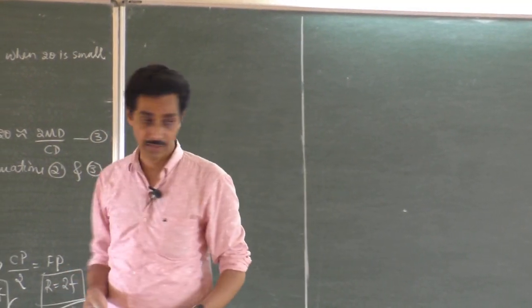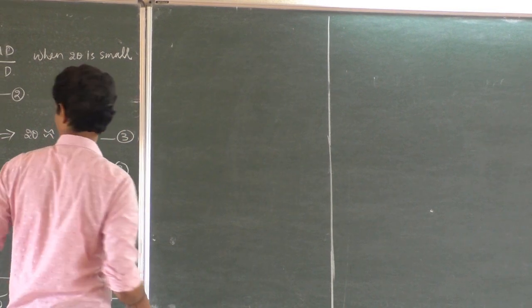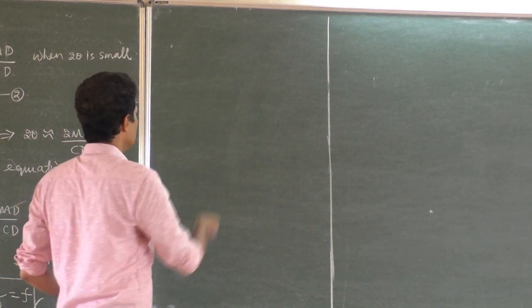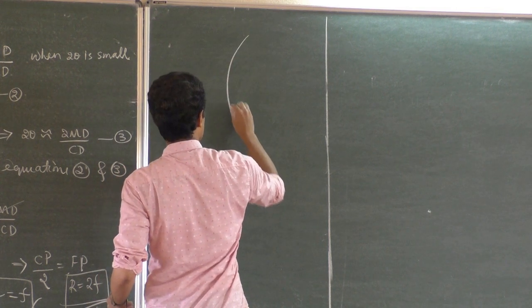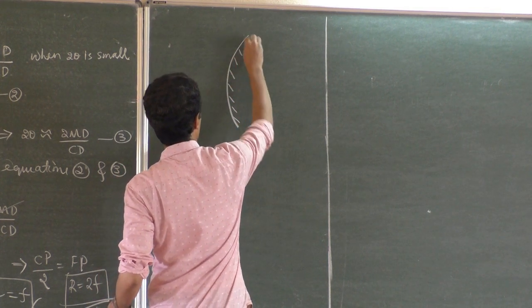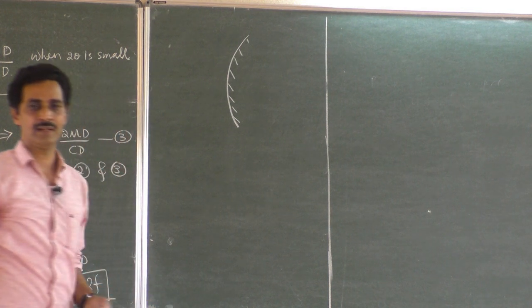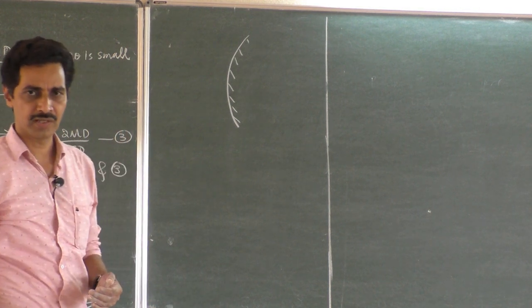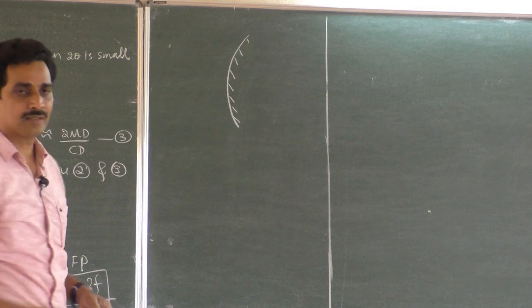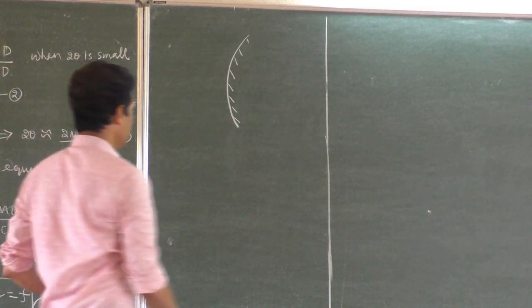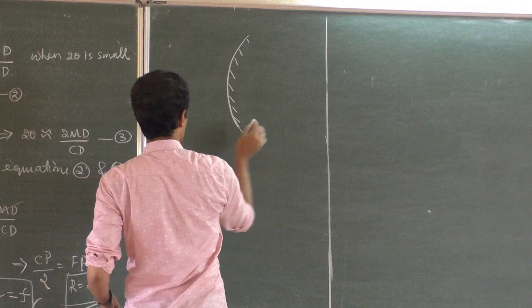Now take a convex mirror. How to draw the ray diagram for the derivation of F equal to R by 2 or R equal to 2F using a convex mirror? Again, I take a convex mirror. See how I take it. I take it in such a way that I give an opportunity for the ray of light to travel from left to right, that is along the positive x-axis. I always follow this rule.